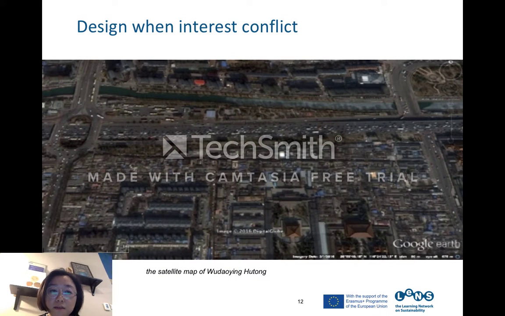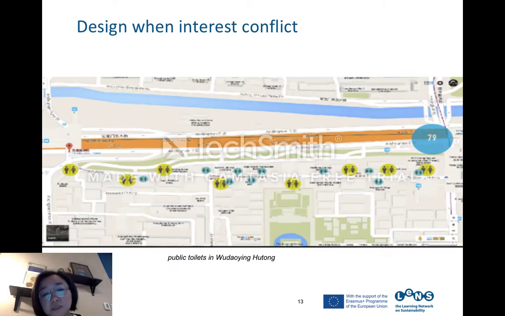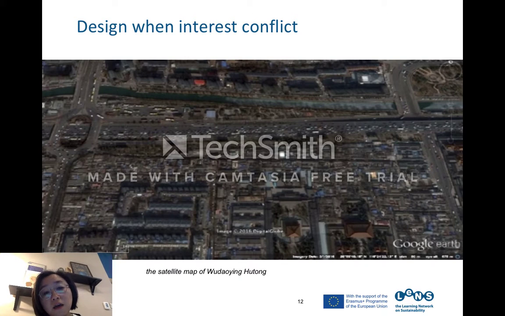In the process of in-depth investigation in this area, we found the complexity of the challenge is sometimes beyond the understanding of the public sector itself. For example, this area is now a combination of a residential area, historic monuments, and a commercial zone.